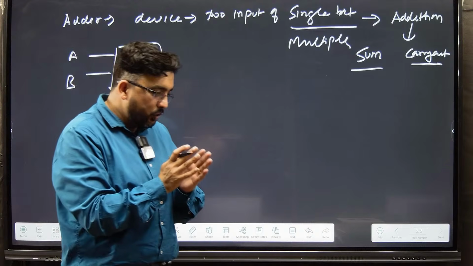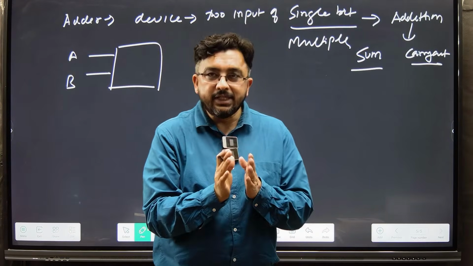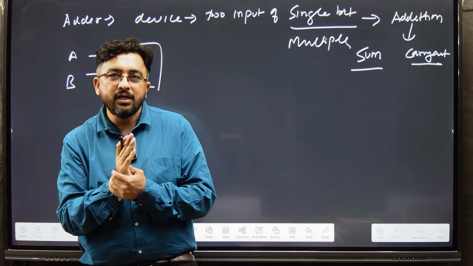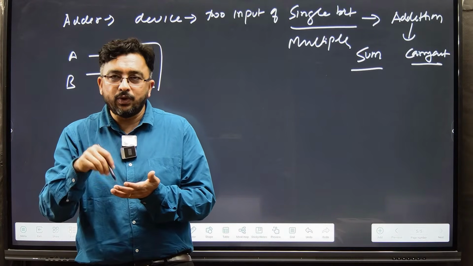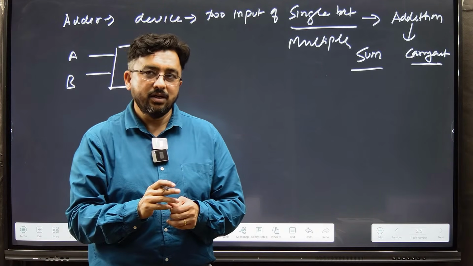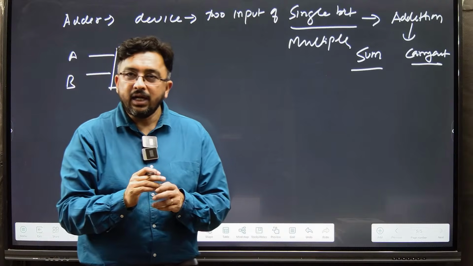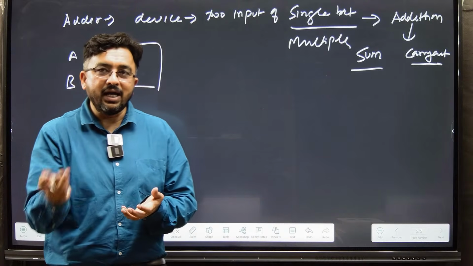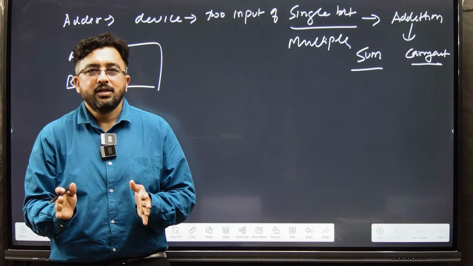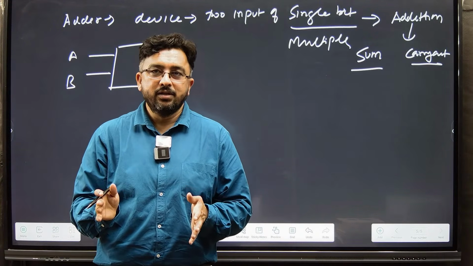So you have to be very cautious while speaking, because the interviewer is not only judging how you are designing, they are also judging how you are communicating. If you say carry at the output side when you mean the input side, that means you are not prepared well.